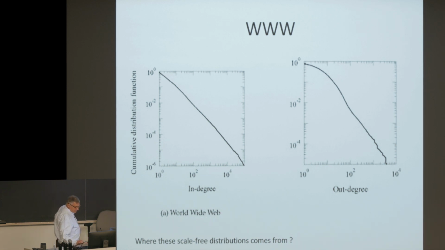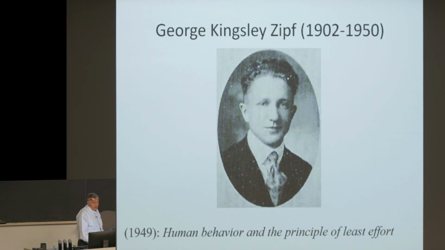You can see that here it's actually 6 decades, here it's 5 decades, so it's very close to 1, maybe a little bit larger than 1 in this particular case. So why is this so? Actually, it can be explained by this proportional growth model by Simon.